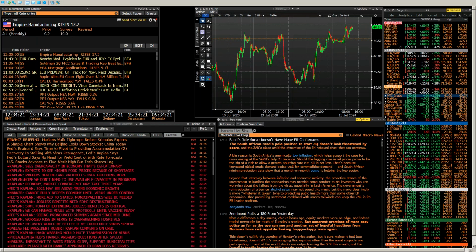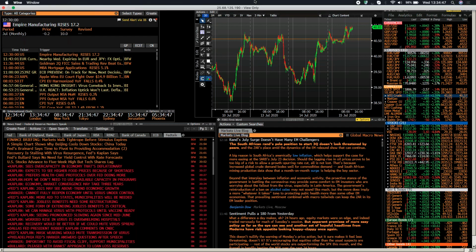Asian equity markets were higher, with the exception of the Shanghai Composite. European equity markets are higher. We currently have S&P 500 futures trading higher. We also have bond yields trading higher. Copper prices higher. Crude prices are higher. Iron ore prices are higher. So the market is on a very typical risk-on footing.